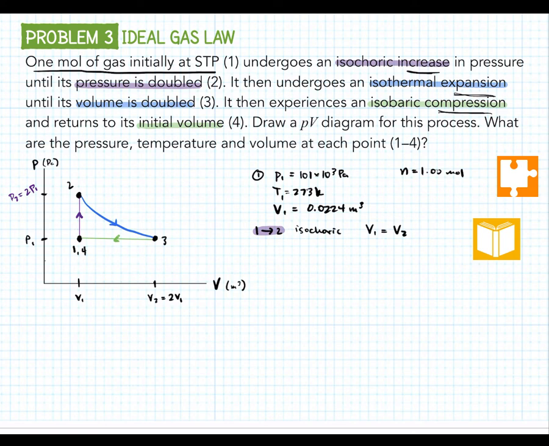So that means we know, based on what it says here, we're doubling the pressure, so P2 is equal to 202 times 10 to the 3rd pascals, okay? Our temperature is definitely going to be changing, so we have to figure out what that is. But our volume should stay the same.